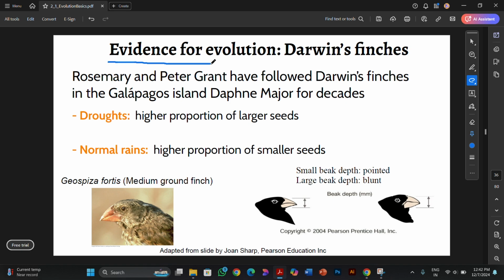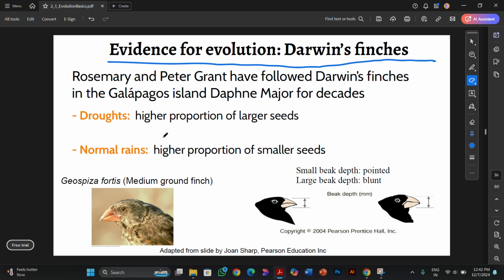There is evidence for evolution, which is Darwin's finches. If we take the data, we will see that during droughts in the Galapagos Islands there is a higher proportion of larger seeds, and during rainy days a higher proportion of smaller seeds prevail.